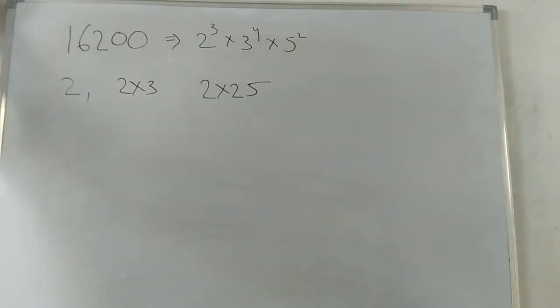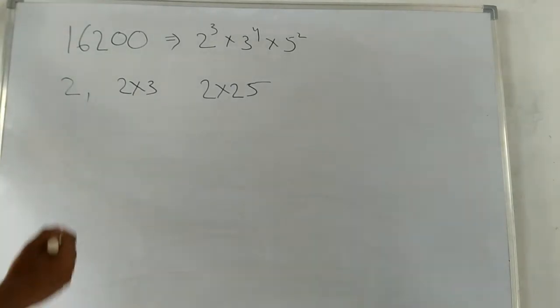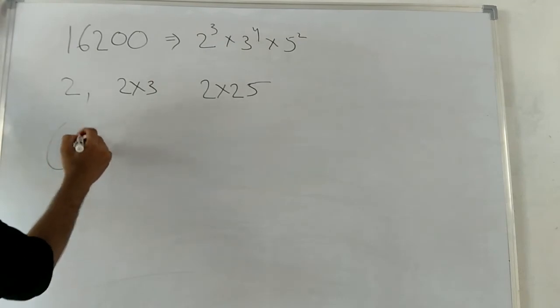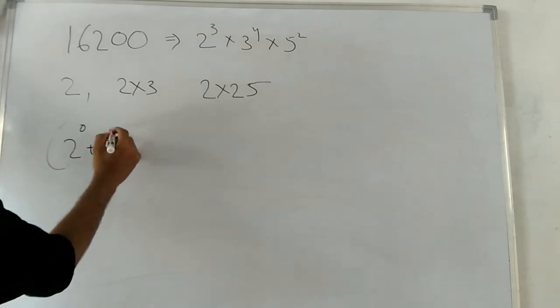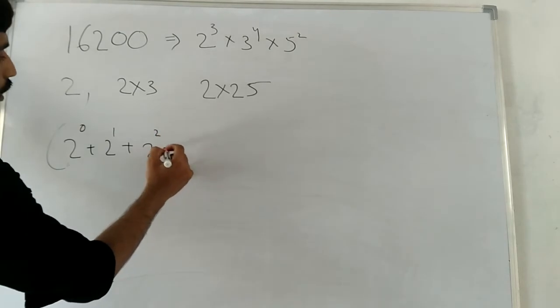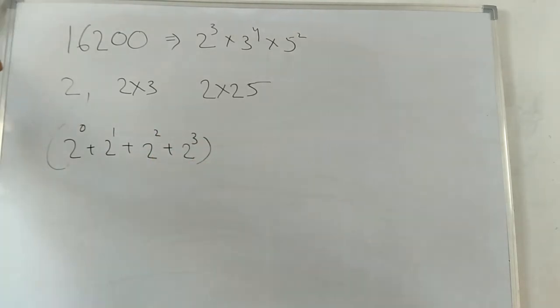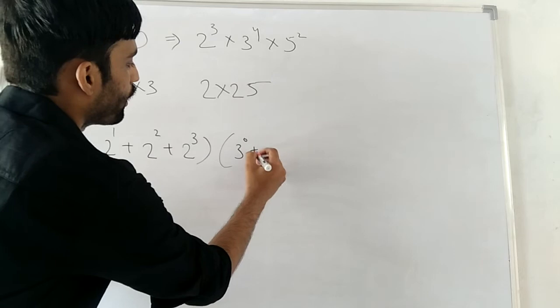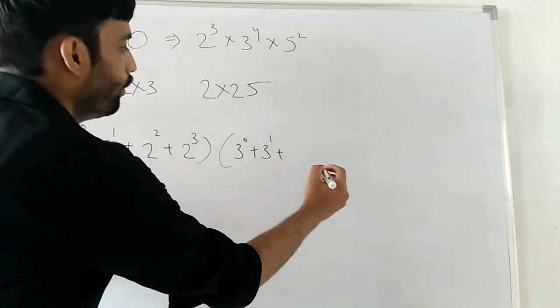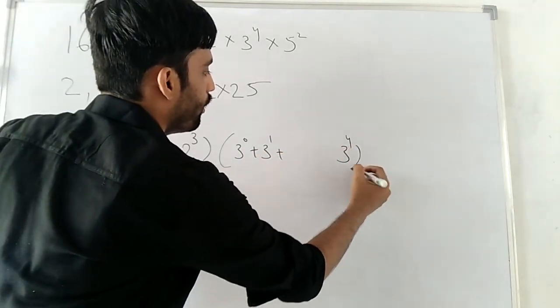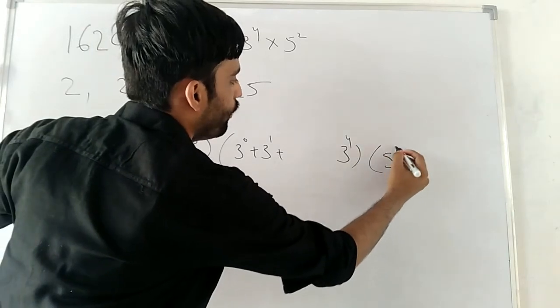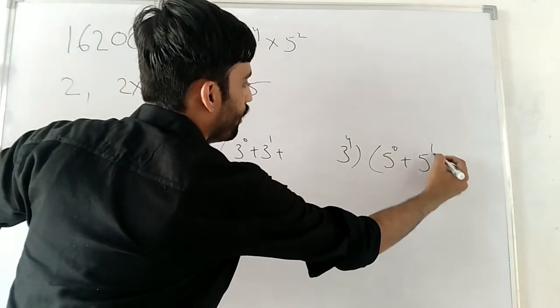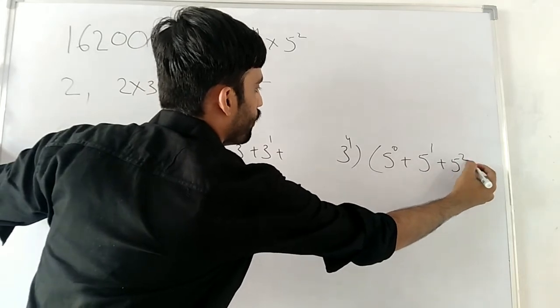So we have to find the sum of multiplication of all the divisors. So we can write it in this way: 2 to power 0 plus 2 to power 1 plus 2 to power 2 plus 2 to power 3, multiplied by 3 to power 0 plus 3 to power 1 up to 3 to power 4, multiplied by 5 to power 0 plus 5 to power 1 plus 5 to power 2.